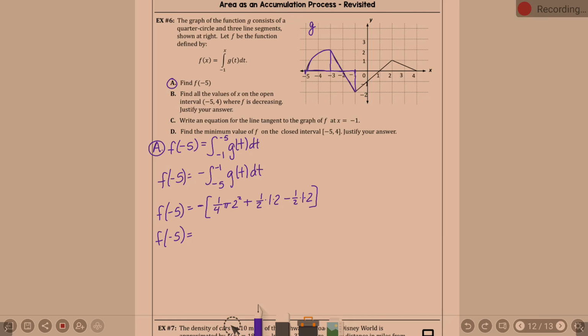So if those two triangles cancel out, we just have the quarter circle. What do we know about the quarter circle? It's just going to be pi. And we have the negative out front, so this is -pi. So f of -5 equals -pi.